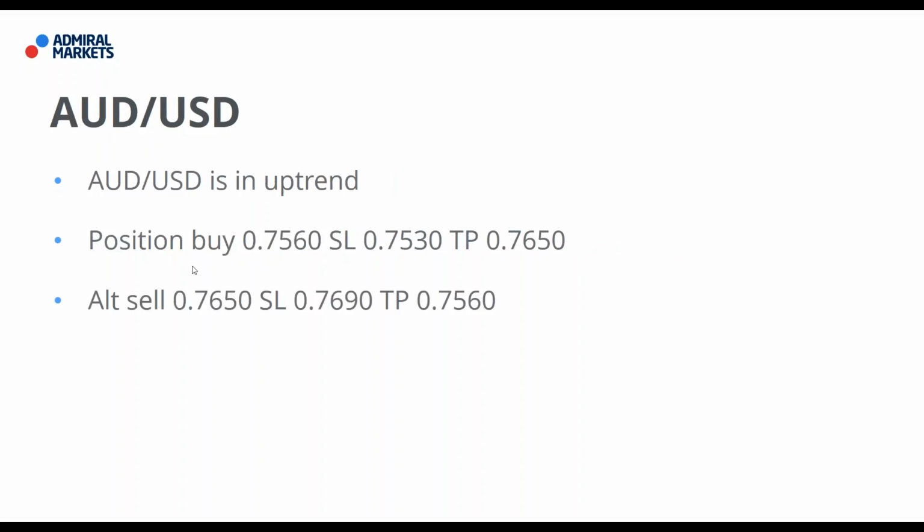Now, Australian dollar, guys, is well in an uptrend, but it's like it's ranging. Well, it's still not that good of an uptrend. So what I would like to see is some pullback to either upside or downside, and these are the levels that I will be watching for.